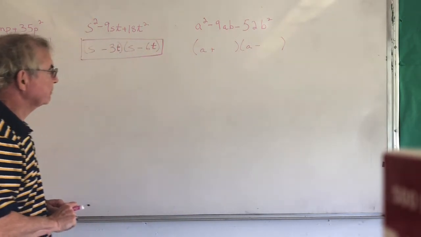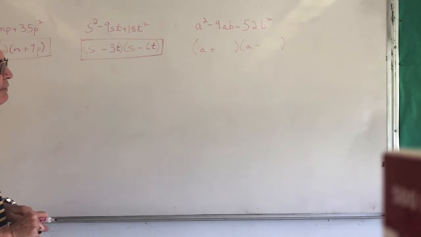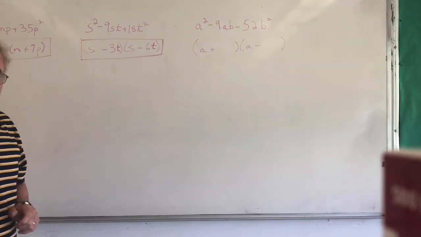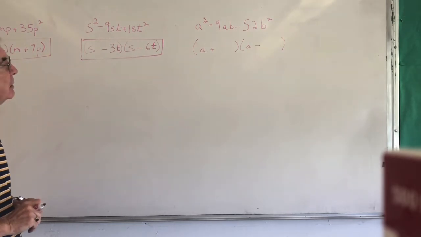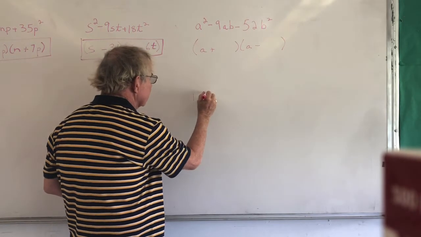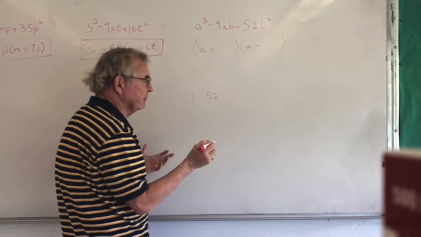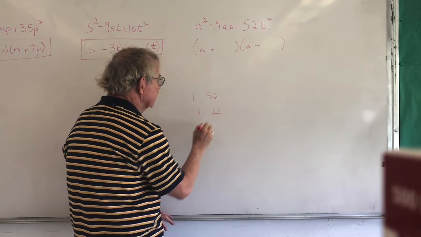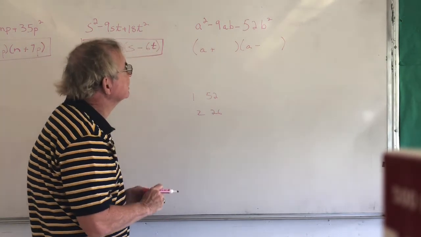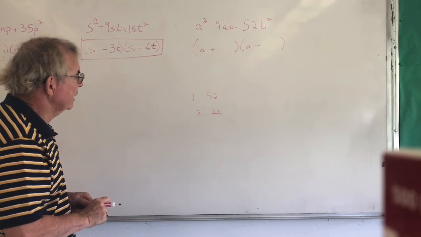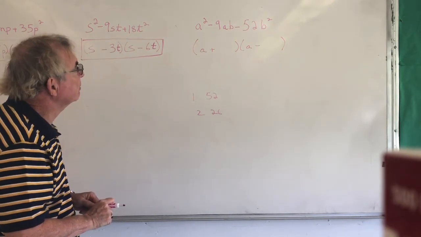Now, since they're different signs, we need two factors to give us 52 that subtract to 9. There's 1 and 52. Subtract, we get 51 or negative 51. There's 2 and 26. No, that won't do it either. You subtract them and you get 24.